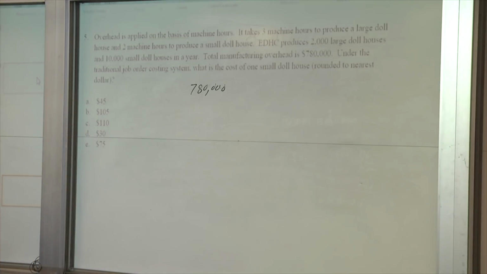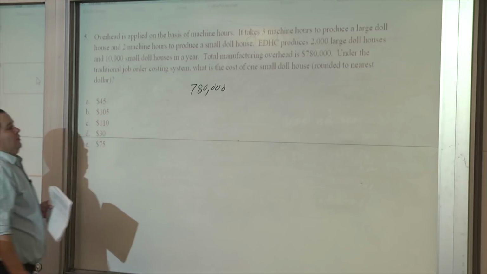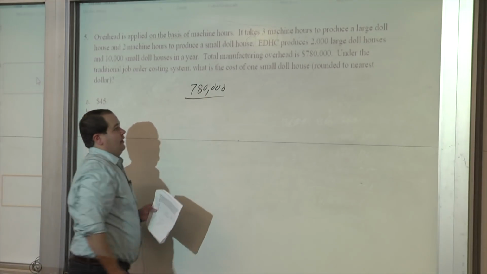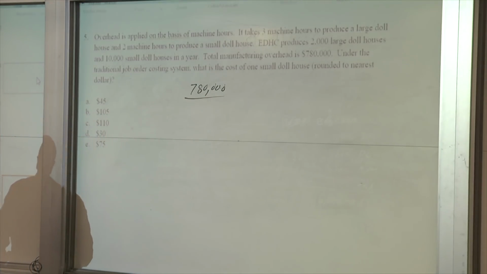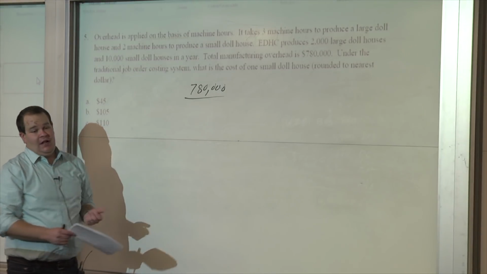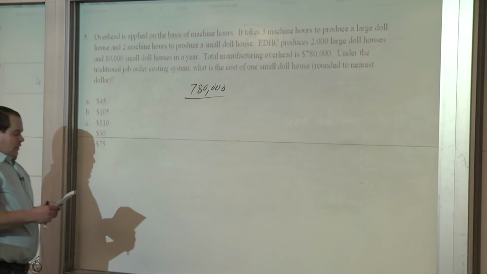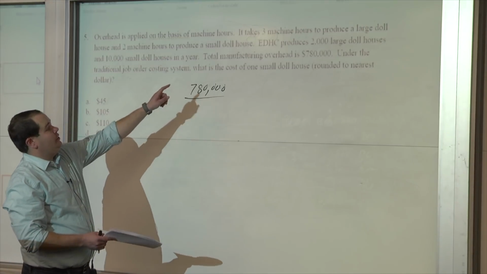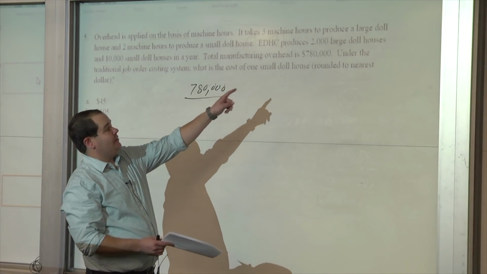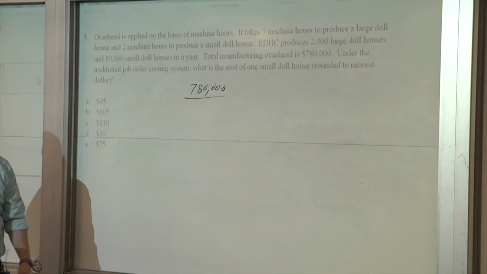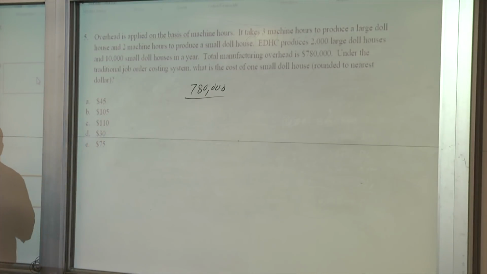All right. So if that's our total estimated overhead at the beginning of the year, we then need to divide that on the basis of machine hours. So the trick here is figuring out how many machine hours we expect for the year. They make 2,000 large dollhouses and 10,000 small dollhouses. We need to know how many machine hours it takes to make each one of those.